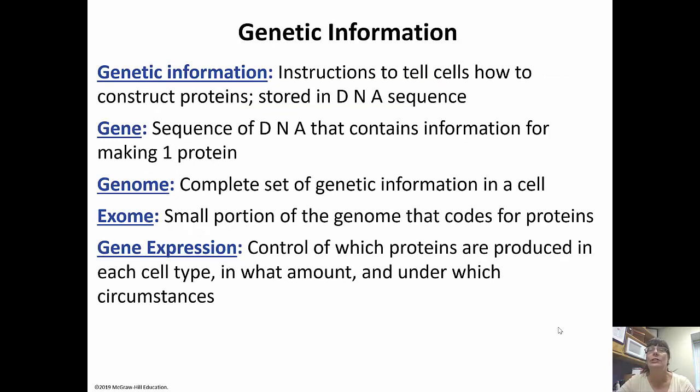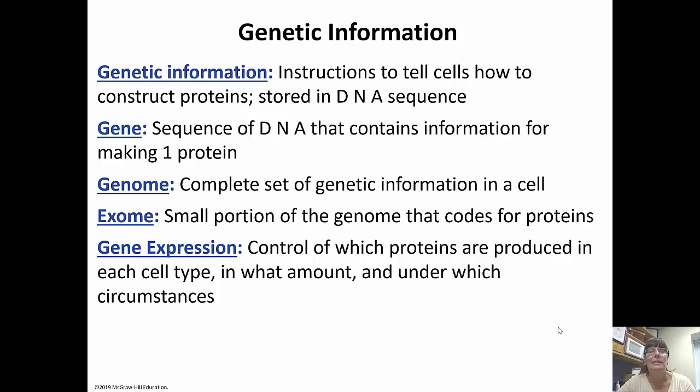Genetic information is just instructions that tell us how to make proteins, and it's stored in the DNA sequence. A gene is a sequence of DNA that contains the information for one protein. And the genome is the complete set of the genetic information in a cell.